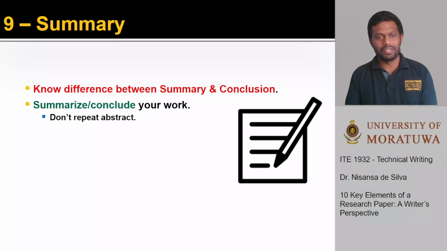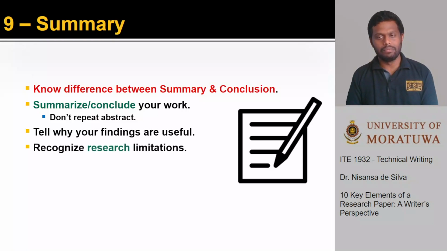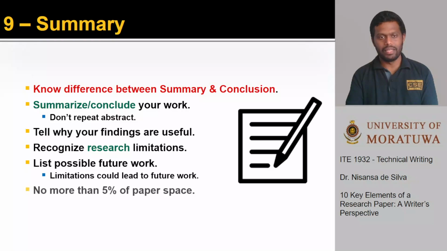Make sure that your summary is distinct enough. You need to mention things like why your findings are useful. You have to recognize the limitations that you had, your assumptions, and you can point out future work. So the limitations that you discussed earlier can be future work. So this summary should not be more than 5% of your paper space.